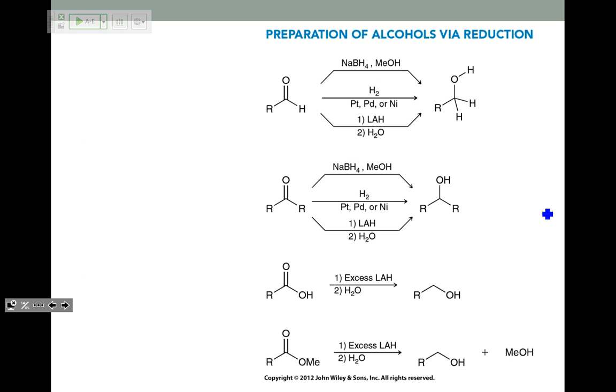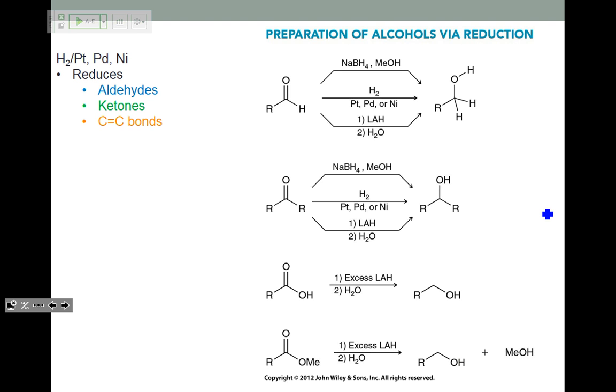We've already looked at some reactions with our hydride agents as far as when we considered reducing our carbon-oxygen double bond. This isn't new, but you still need to know this. Our H2 with platinum, palladium, or nickel will reduce aldehydes and ketones because we're catalyzing it with platinum.